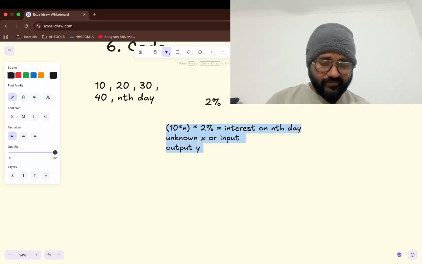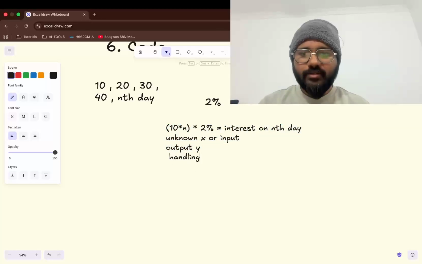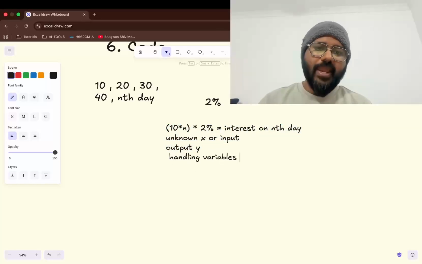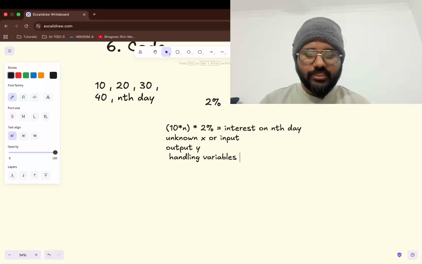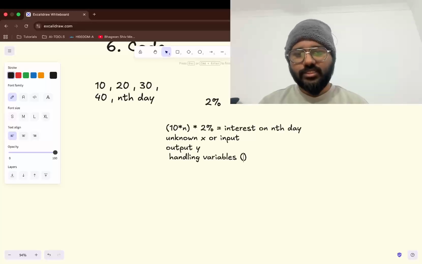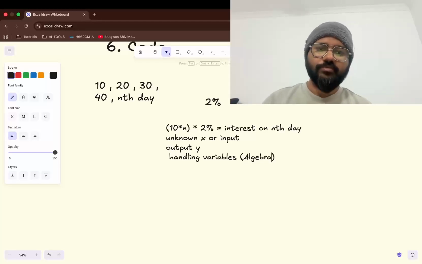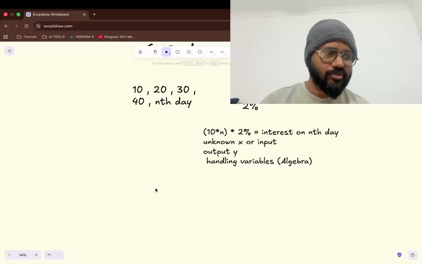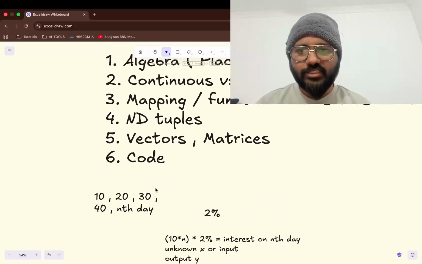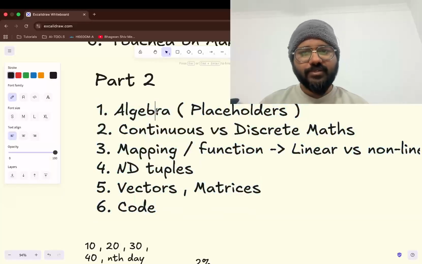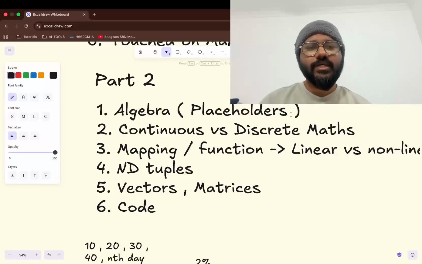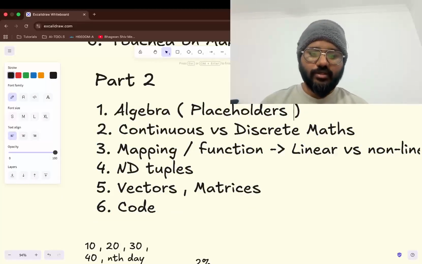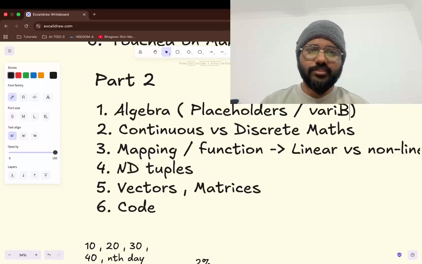So all of this handling of variables, the math which deals with variables, is known as algebra. Very simple definition. So wherever you see variables like x, y, x1, x2, all of those deal with algebra. Algebra is nothing but the math of dealing with placeholders, and in computer science we call them variables. Cool.